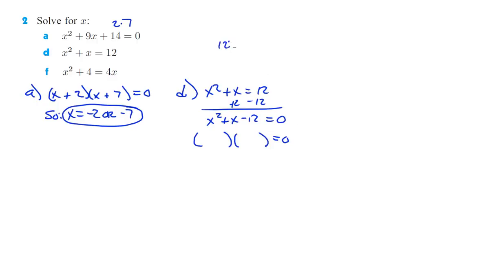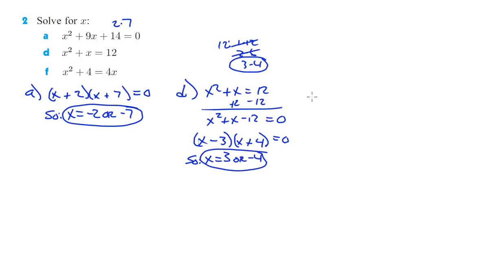So 12 is 1 times 12. That doesn't work. 2 times 6 doesn't work. 3 times 4 does work. So we got x and x, 3 and 4. It has to add up to positive 1, so it has to be positive 4, negative 3. That adds up to positive 1. So x will equal 3, because negative 3 plus 3 gives us 0, or negative 4, because negative 4 plus 4 gives us 0. So those are those two solutions there.